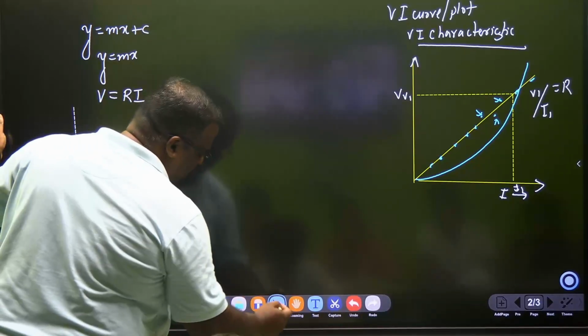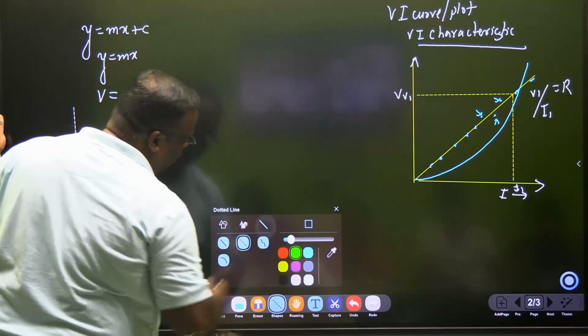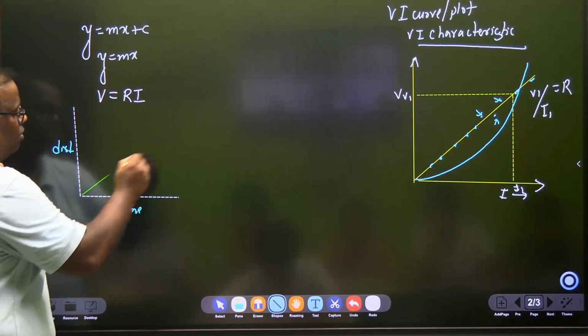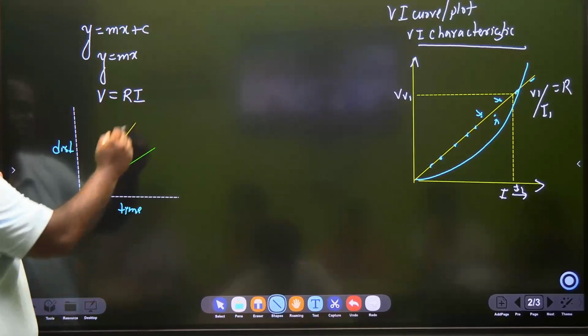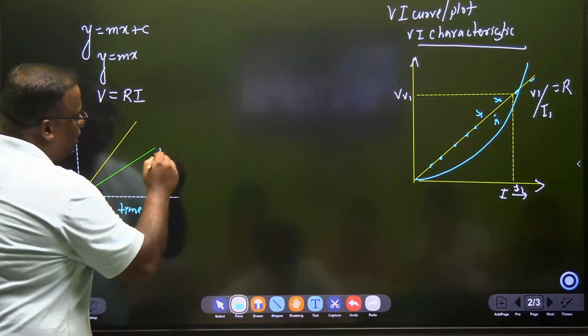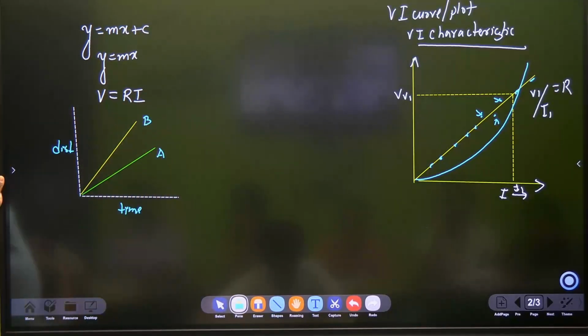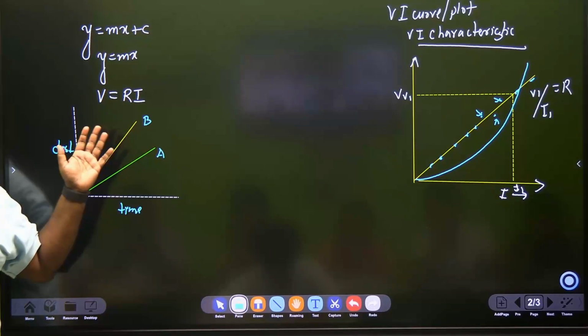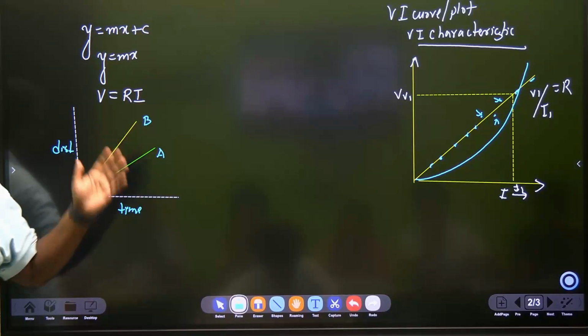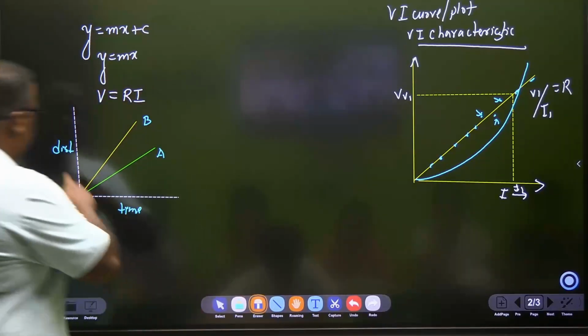And I plot the distance-time graph for two boys. One is like this, and for the other boy, it is like this. This is boy A and boy B cycling together. Whose speed is more? Speed is the slope. So whosever slope is more is cycling faster. Understood? Now we just change it.